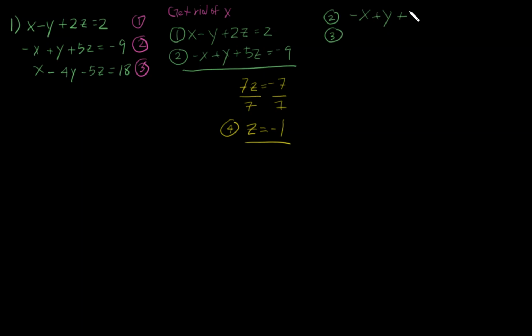Plus y plus 5z equals negative 9. And we have an x minus 4y minus 5z equals 18. Combine the two equations, and we succeeded in getting rid of the x, but we also got rid of the z. And so we end up with a negative 3y equals 9.